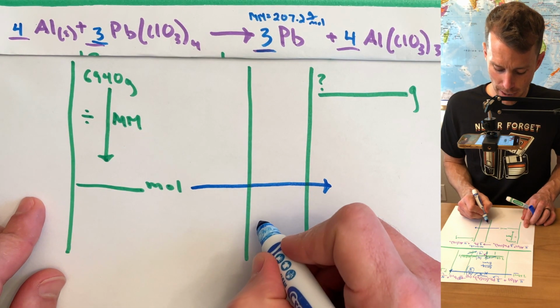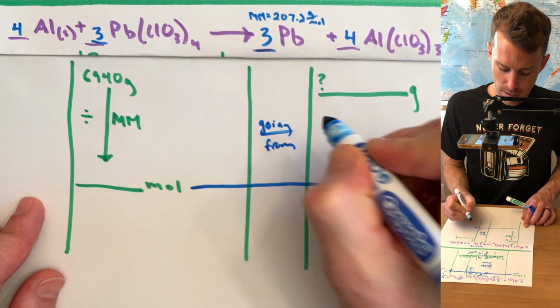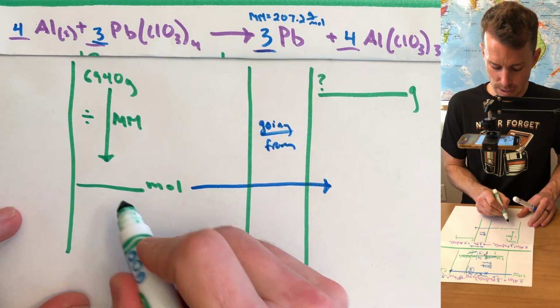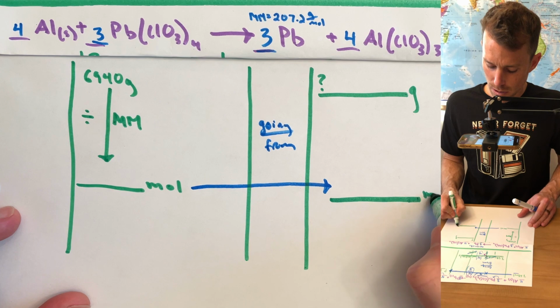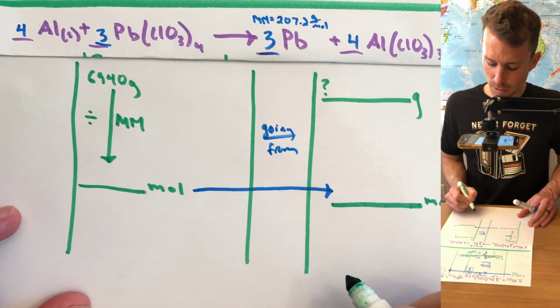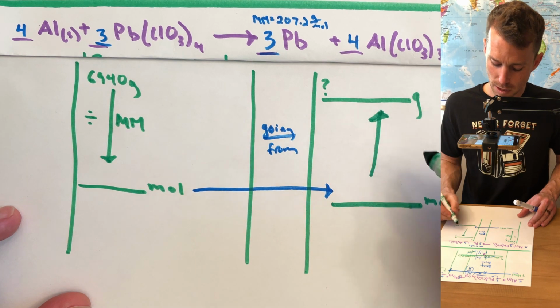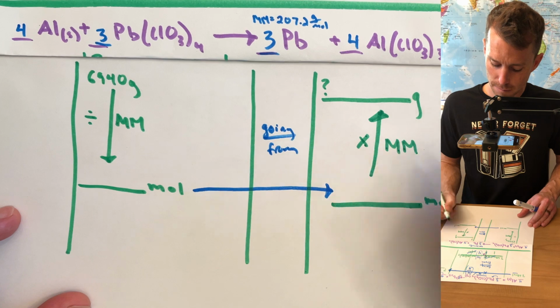That is going to be my going over from. So we'll get that mole ratio. And that will get us from moles of lead chlorate into moles of aluminum chlorate. And then we have to get to grams. So to get to grams, we're going to multiply by the molar mass.